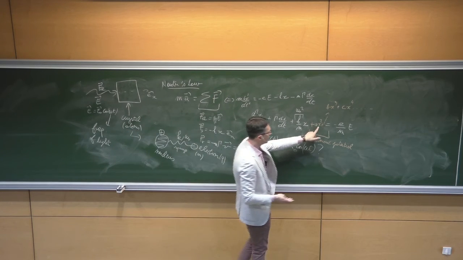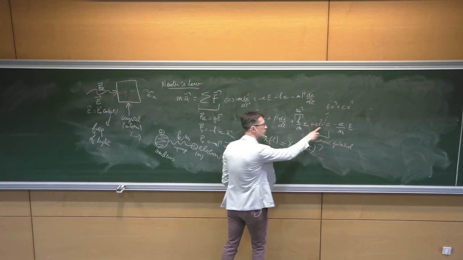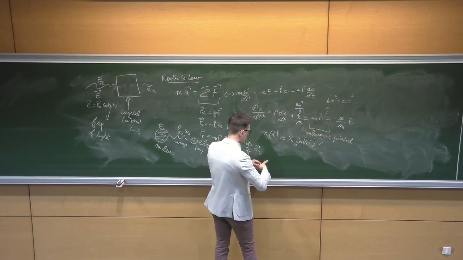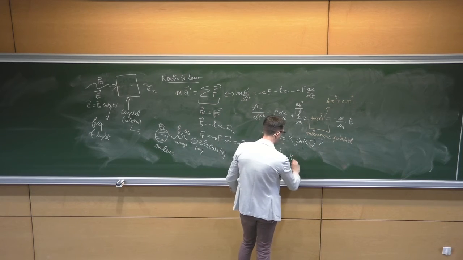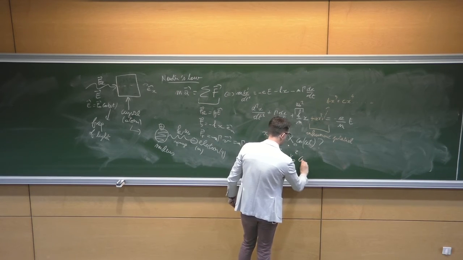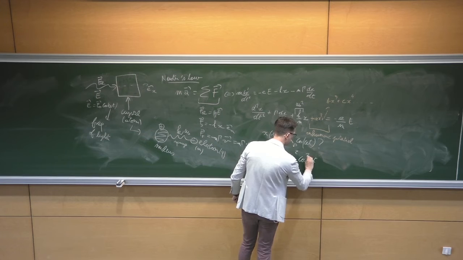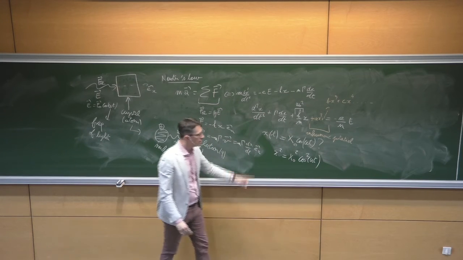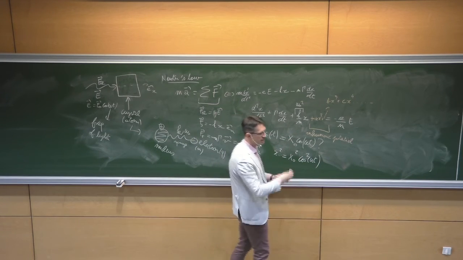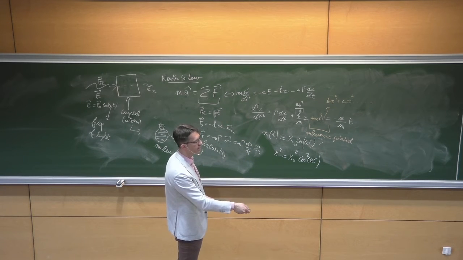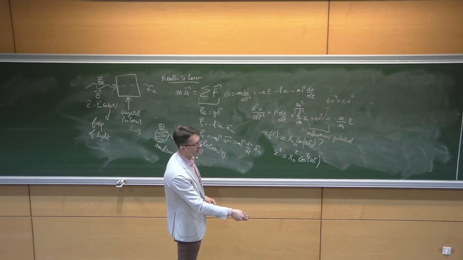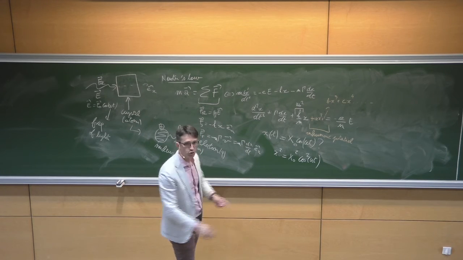But now if I have these higher terms, that means I have an x squared here. Okay? So x squared means that I have x0 squared, and I have cos squared of omega t. But cos squared of omega t, as you can see from trigonometry, can be decomposed as 1/2 plus 1/2 cos 2 omega t.